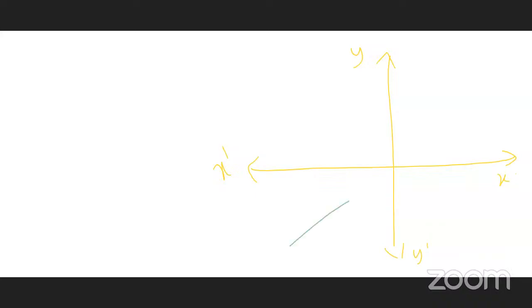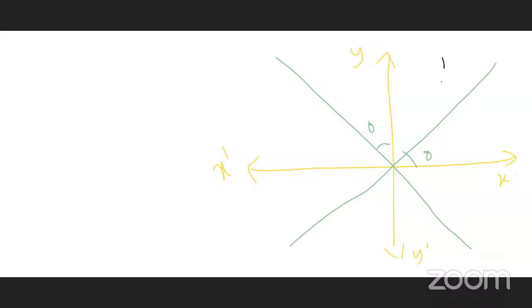So this becomes like this. This is rotated with the angle theta, and this is rotated with the angle theta. Now I am considering one point P somewhere here. Point P.